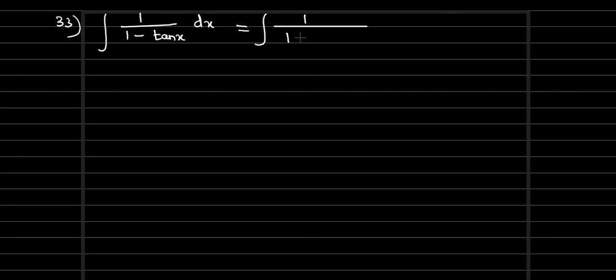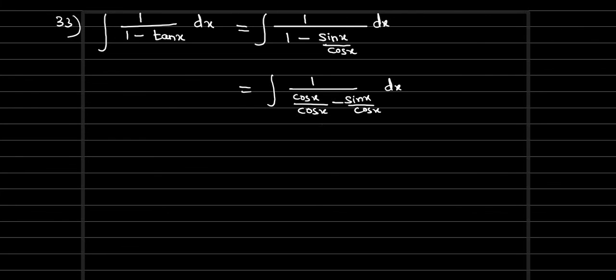So tan x, we can write it in the form of sin x by cos x dx. Now taking LCM, integral 1 by cos x by cos x minus sin x by cos x dx. Now we got cos x as the same denominator.